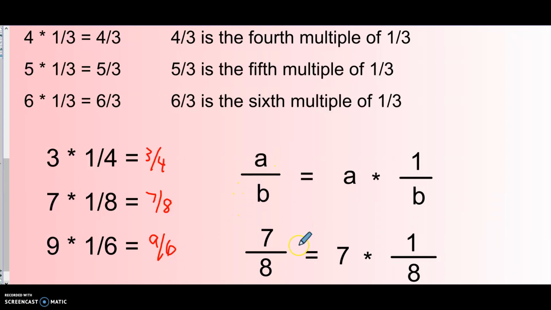Take a look at how 7 times 1/8 can be represented with the variables. 7/8 is equal to 7 times 1/8.